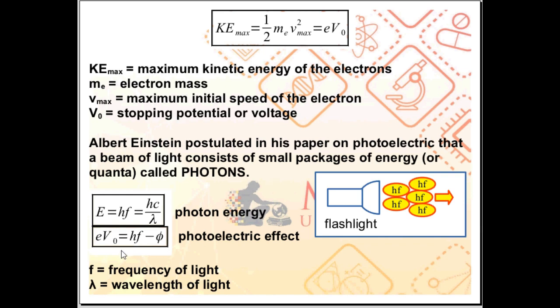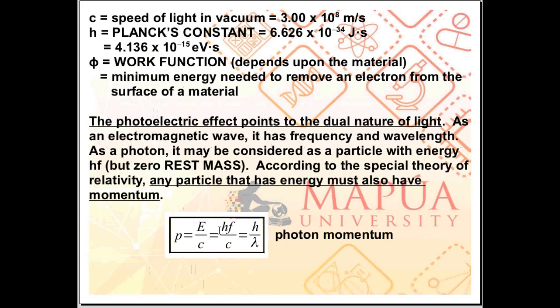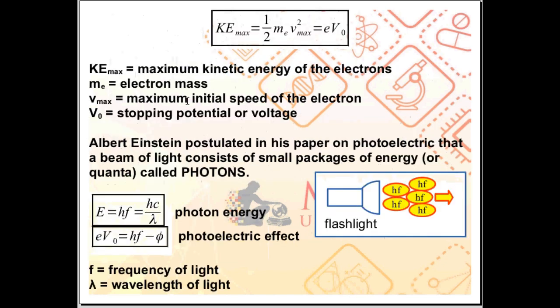We have eV naught equals hf minus phi, where phi is referred to as the work function. It depends on the material. It's basically the minimum energy needed to remove an electron from the surface of a material.